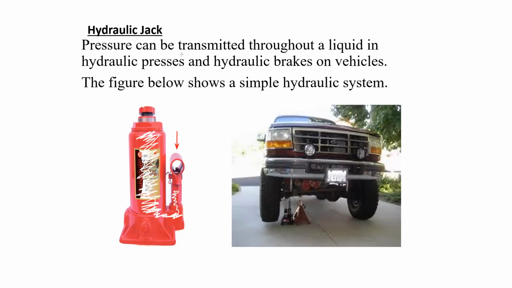Using a lever, we apply a force on a small area, so we can create a pressure. The pressure we applied, the same pressure is applied by the fluid upward, and as a result of this pressure, it will create an upward force.